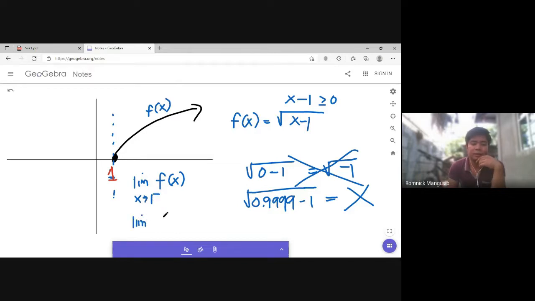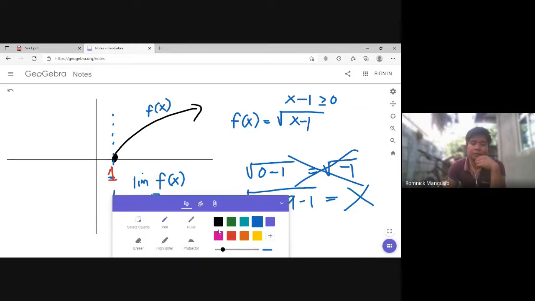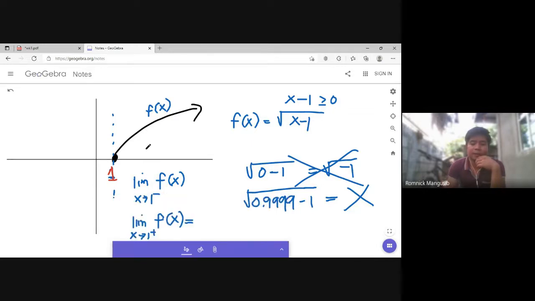What is the limit of f of x as you are approaching 1 from the right? Okay. Kapag tignan mo ang right, saan papunta ang value ng y? Di ba ang value ng y ay pababa ng pababa? Saan papunta ang value ng y? It is 0. The answer is 0.